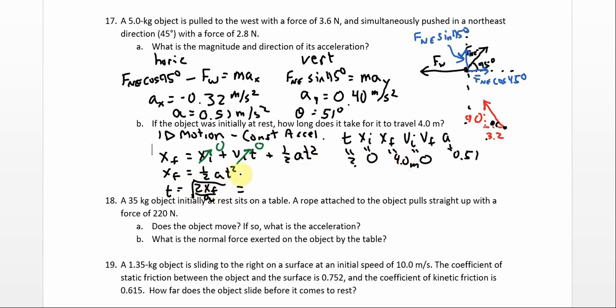Go to my calculator. 2 times 4 divided by 0.51. And I'm getting, well, to 2 significant figures, 4.0 seconds. So that's how long it'll take to go 4.0 meters. Okay, so that's 17.